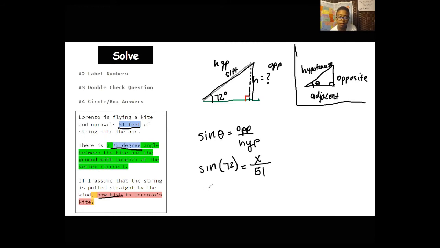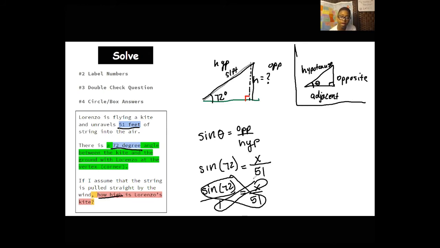We can do that by writing it over 1, like this, equal to x over 51. Why did I do that? This is so that we can do cross multiplication. Cross multiplication is one method of solving an equation when you have ratios or when you have a proportion.